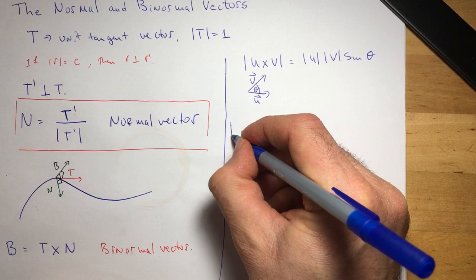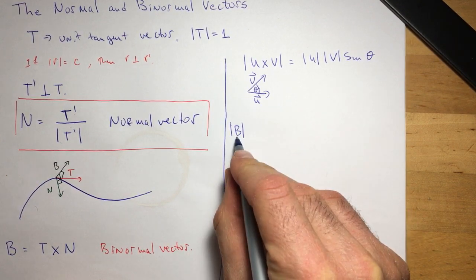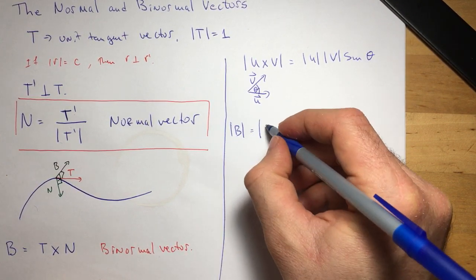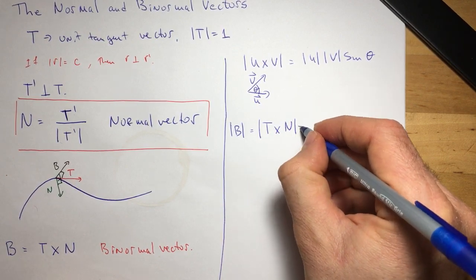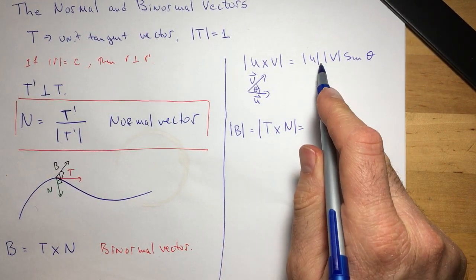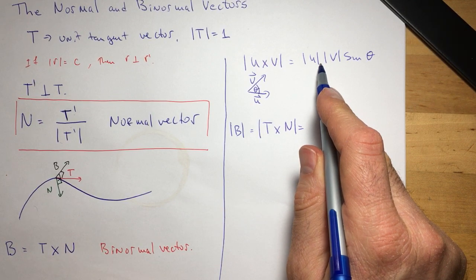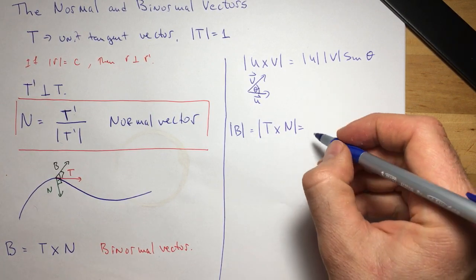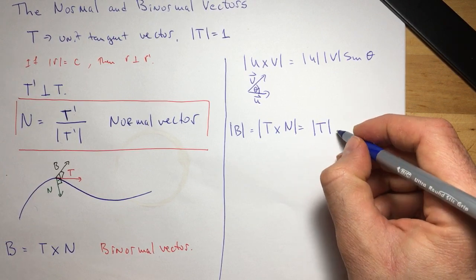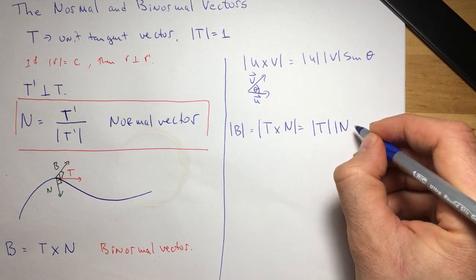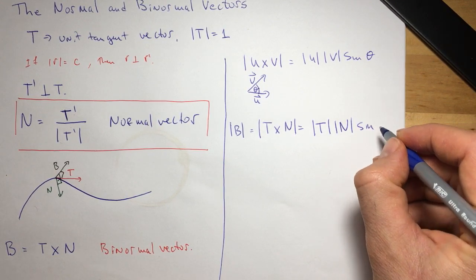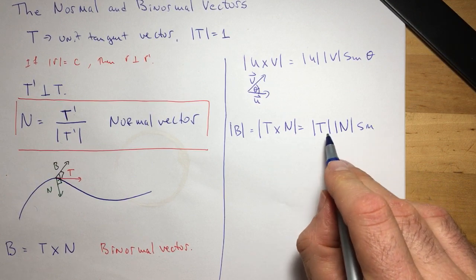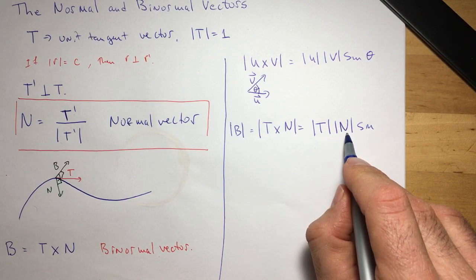Then the magnitude of B, I want to show that this is 1, is equal to the magnitude of the cross product, by definition, of the unit tangent vector and the normal vector. By properties of the cross product, that's equal to the norm of the unit tangent vector times the magnitude of the normal vector times sine of the angle between them.